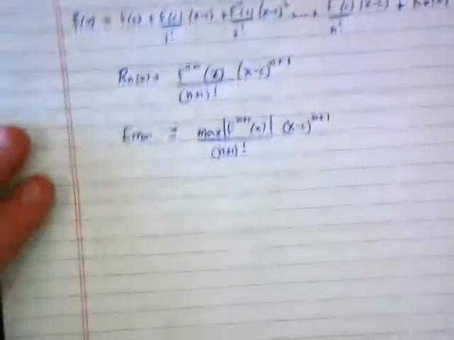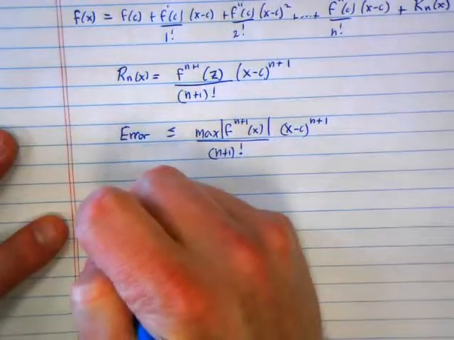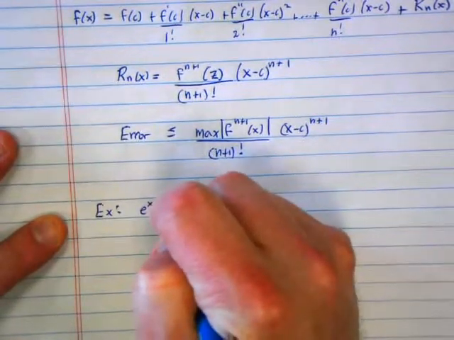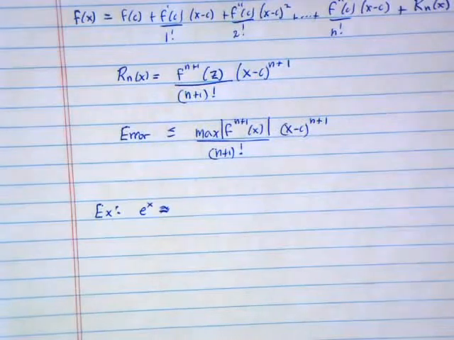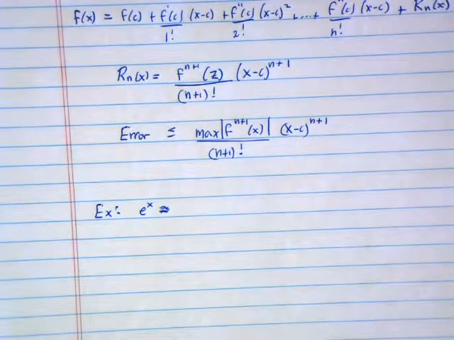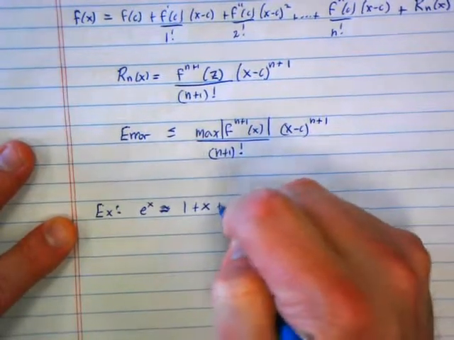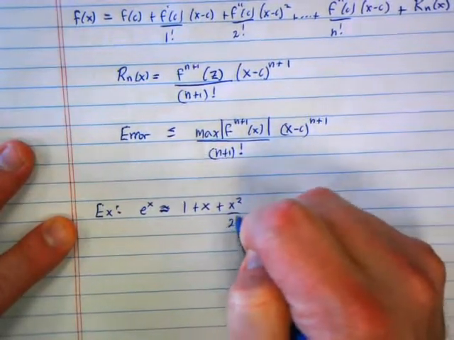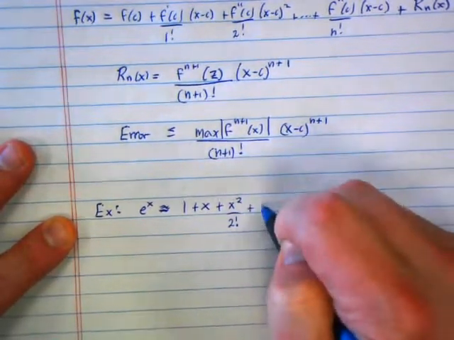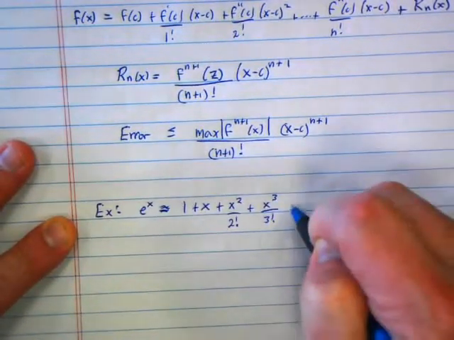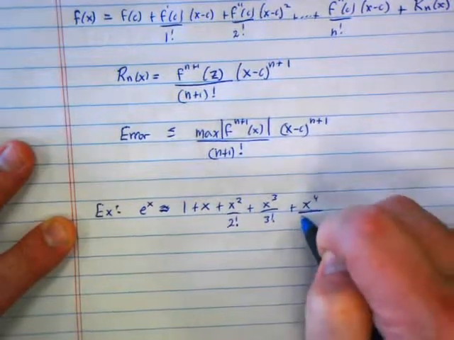Okay, so for example, yesterday we saw e to the x is approximately 1 plus x plus x squared over 2 factorial plus x cubed over 3 factorial plus, we'll go to 4, x to the 4th over 4 factorial.